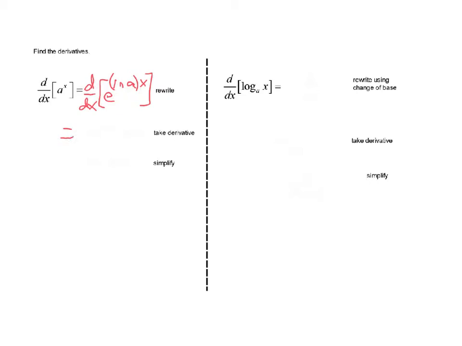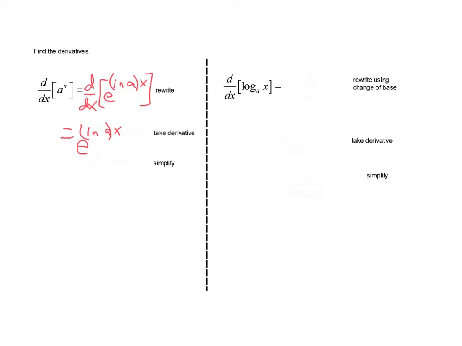All right, now if I take the derivative, it's taking the derivative of an e. Well, you know how to take the derivative of e. Its derivative is itself. Now, those parentheses I keep putting there because ln of a is just a number. A is the base, 2, 5, 10, whatever your base happens to be, but it's a number.